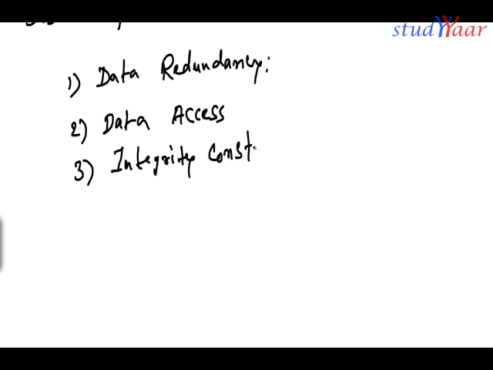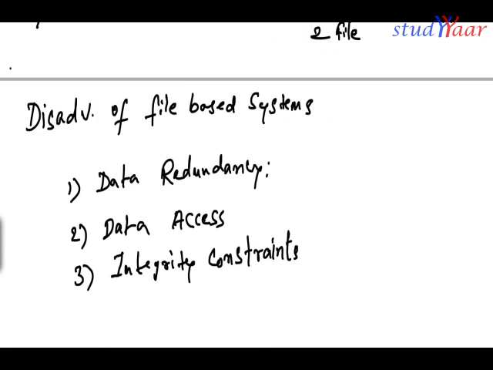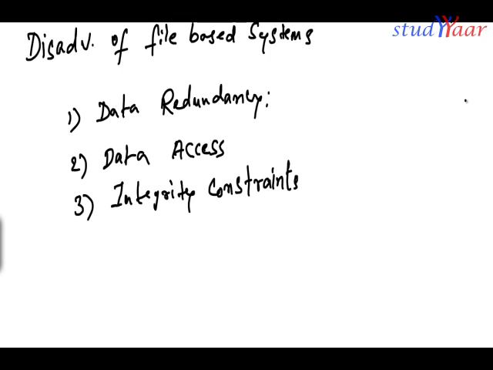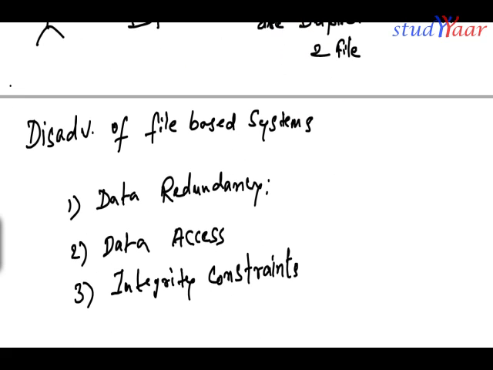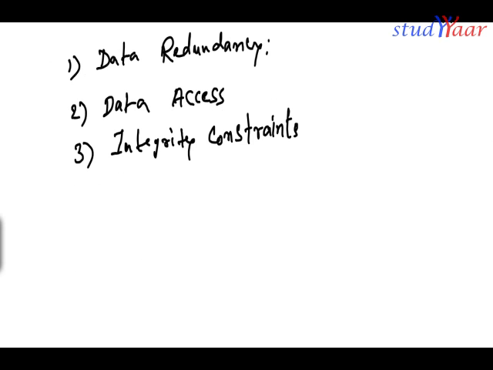The third disadvantage is integrity constraints. As already mentioned, integrity constraints are the constraints that we normally have on our real world systems. So as I mentioned, we have a constraint that every boy who's getting married is at least 21 years of age.